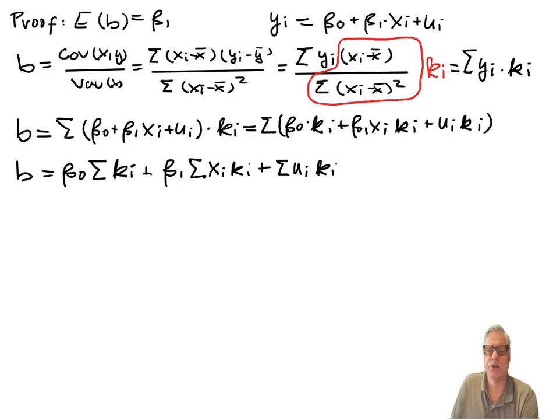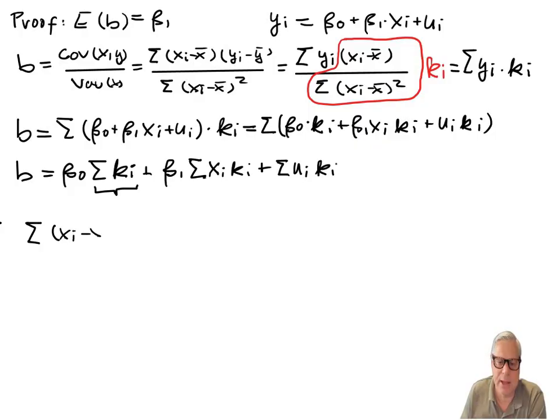Okay, so now we just take a look first at the sum of ki. Okay, so ki is xi minus x bar. If you sum that up, then we have here the sum of xi minus x bar over, and because that is a constant down here, I can just write it like this, 1 times 1 over the variance of x.